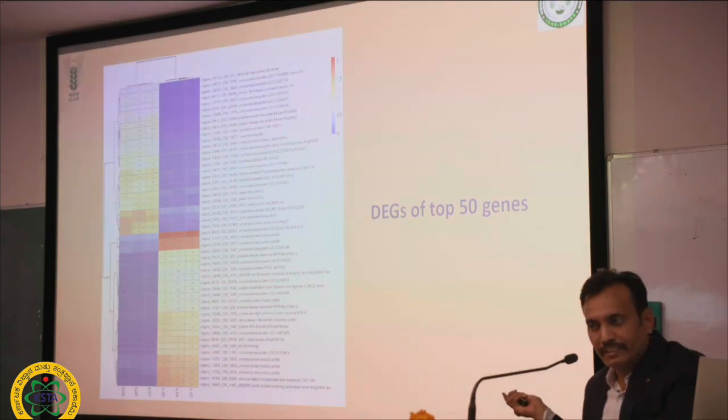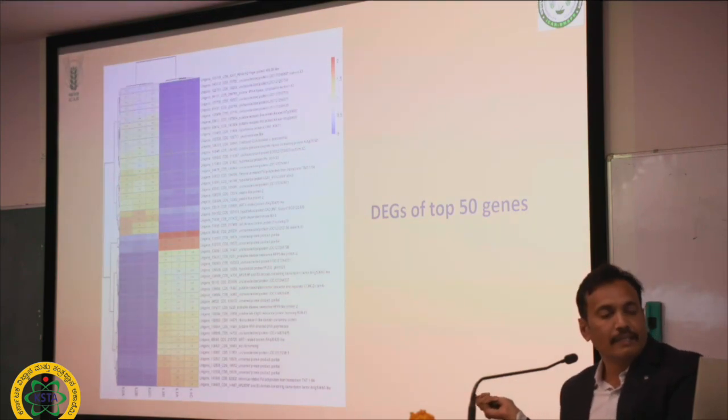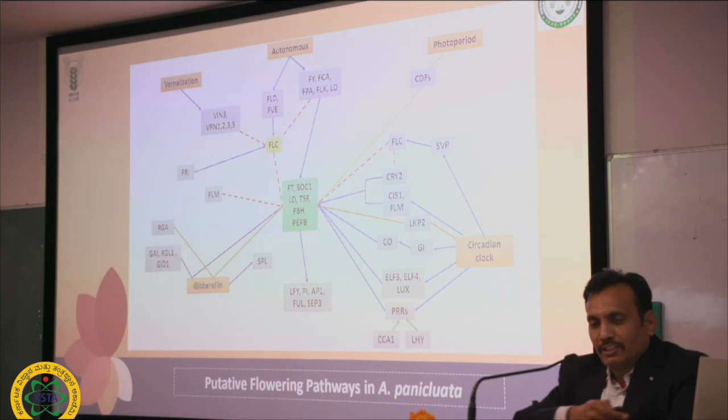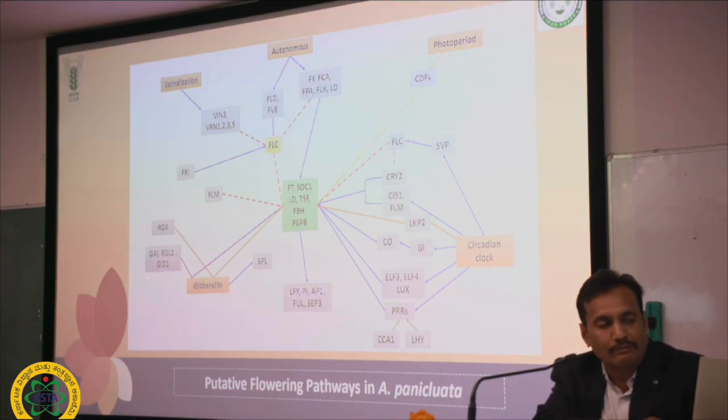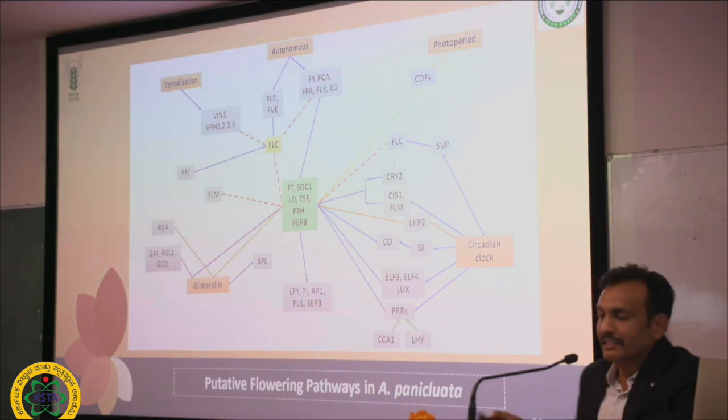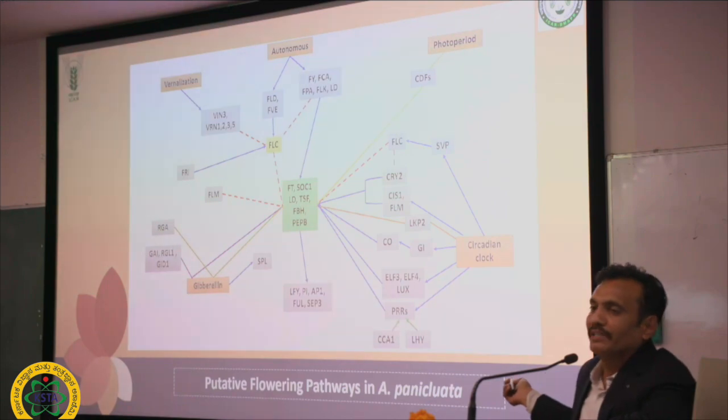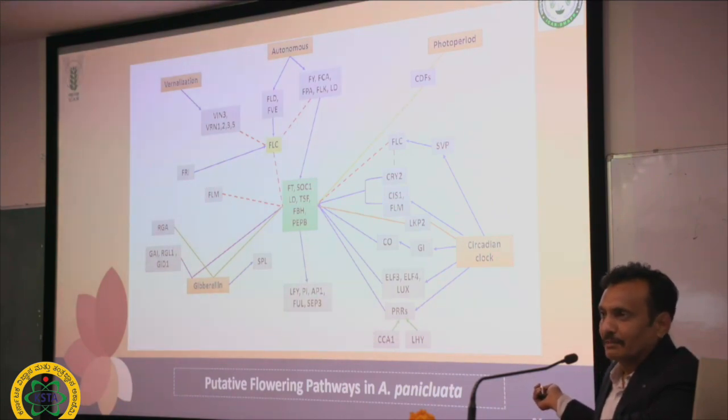This is the top 50 genes expression profiling. Based on this transcriptome data, we prepared 5 putative pathways of flowering control in Andrographis paniculata, and all these CDS have been deposited to the NCBI database.